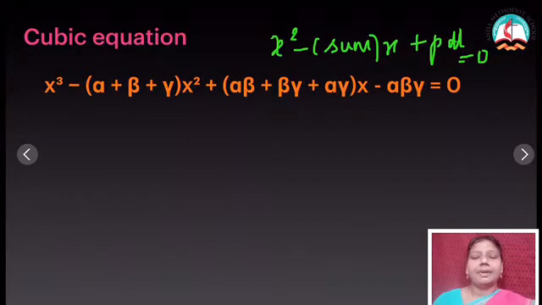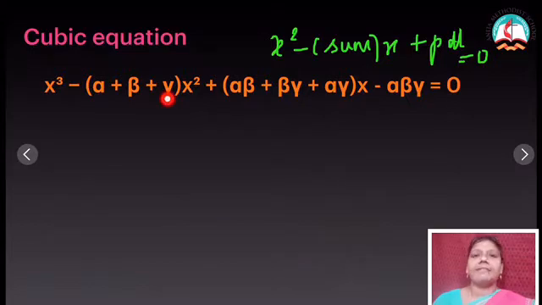That means alpha beta, beta gamma, alpha gamma. I am taking the sum of all the possible 2 products. Now the next one is the product of all the 3 roots. So this will be the general equation of a cubic equation if we know the roots alpha, beta, gamma.